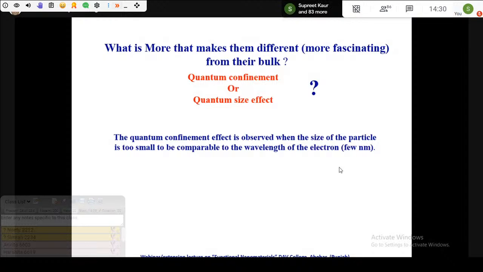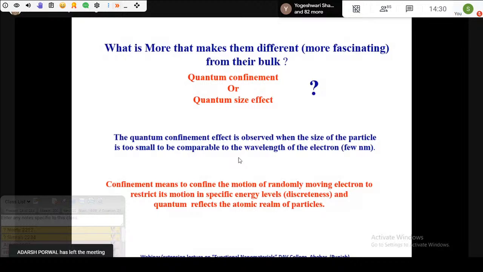In case of 2 dimensional, again, at least 1 dimension is in nanometer, so this quantum confinement would be there. Like in case of graphene, it's 2 dimensional. So what is the thickness? 1 atom thick. Graphene is known as a 2 dimensional nanomaterial and 1 atom thick. So 1 atom thick means the size would be hardly 1 nanometer, but it should be in angstrom. So we saw a little bit about quantum confinement.